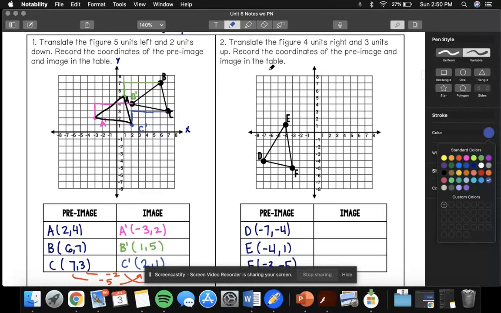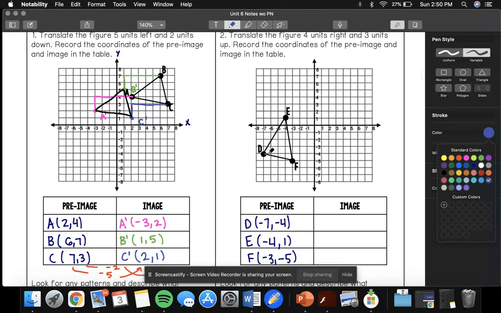So we're going to start with D. We're going to go 4 units to the right, and then we're going to go 3 units up. Okay, and then I'm going to label it D prime. D prime is located at -3, -1. Now we're going to do E. So E needs to go to the right 4 and up 3.